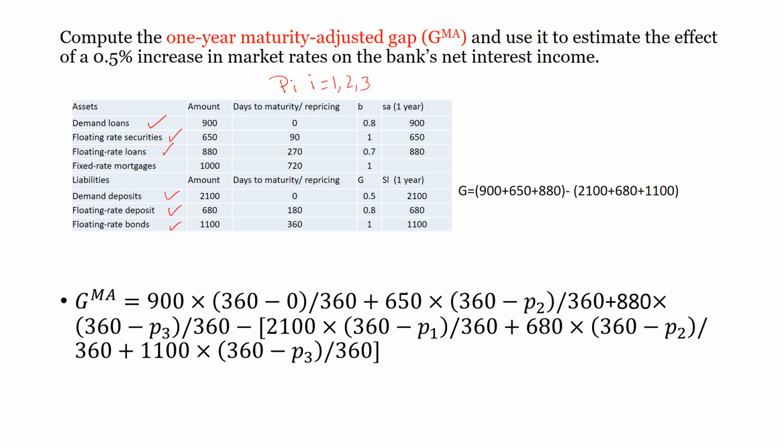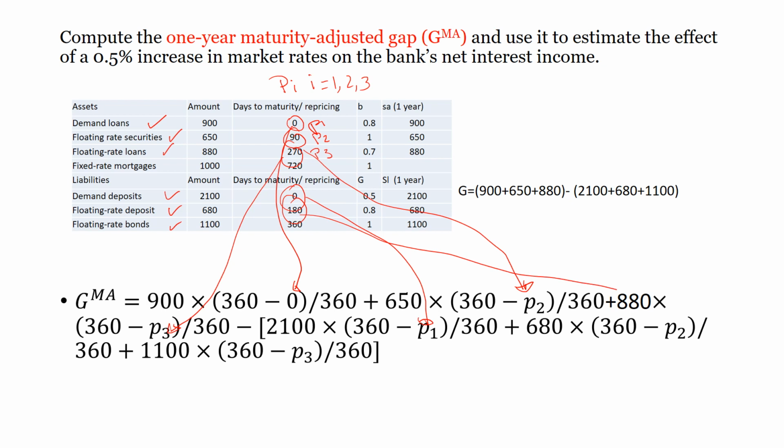That's P1, this is P2, this is P3. So you take 0 and replace it here, and I've done it already. Now this P2, well, it's going to be 90. P3 is 270, and you repeat for the liabilities. So 180 is P2 and 360 is P3.